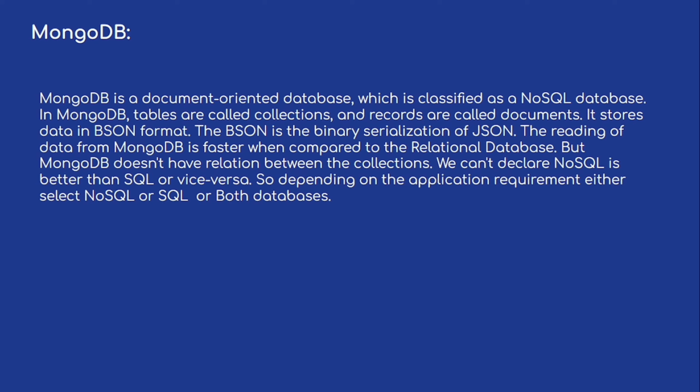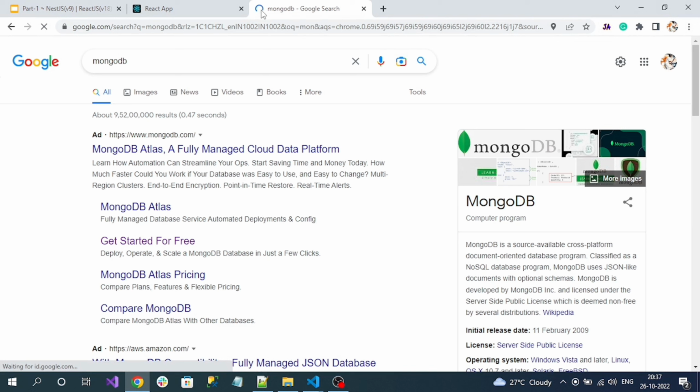We can't declare whether NoSQL is better than SQL or vice versa, because depending on our application requirements and business logic, we can choose the individual database. In some cases we might have to use both. For our demo, to store our sample data in MongoDB, I am going to use the MongoDB Atlas cloud platform.